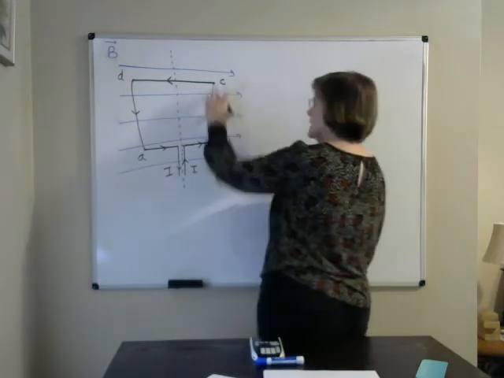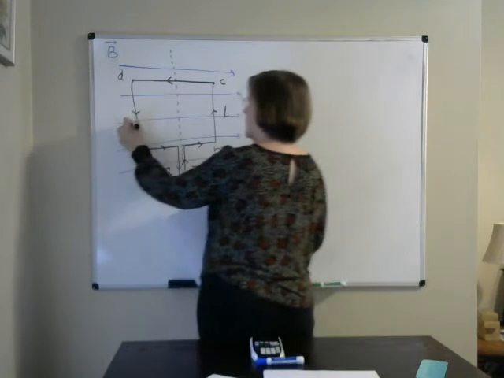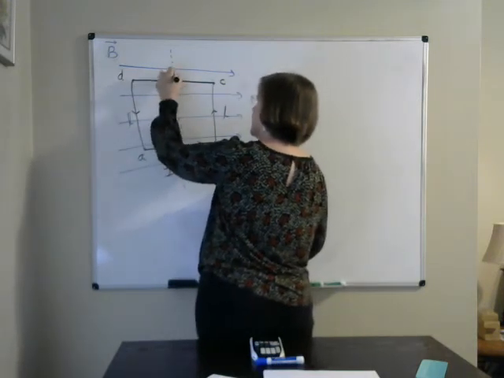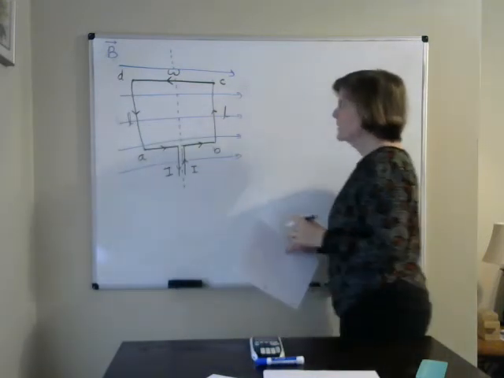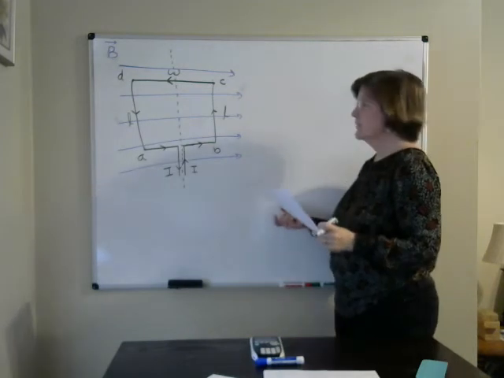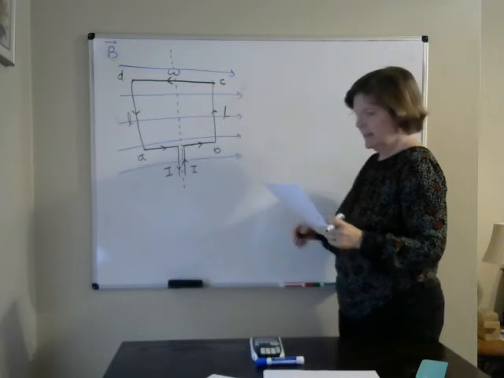We're going to let this side be the length of the loop, L, and this side be the width, W. This also has a width of W. What we want to do is find the torque on each one of these segments.